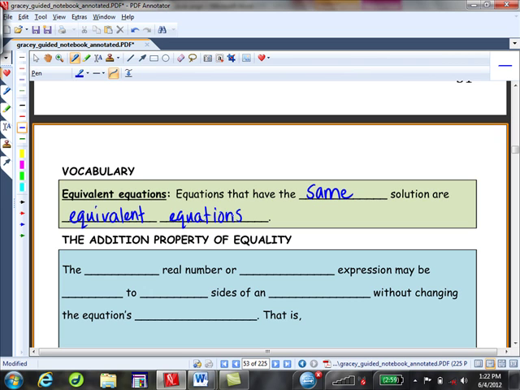The addition property of equality says that the same real number or algebraic expression may be added to both sides of an equation without changing the equation's solution.